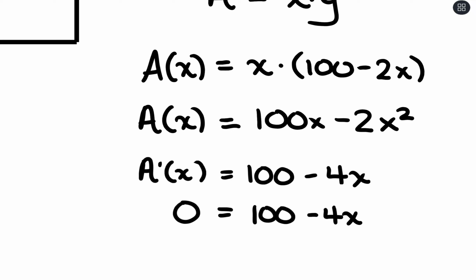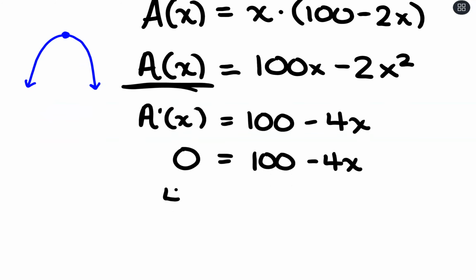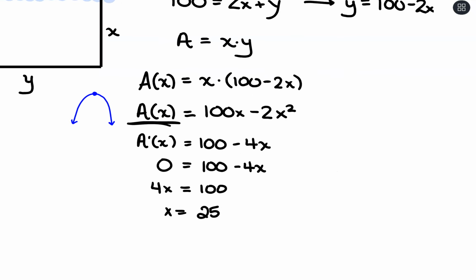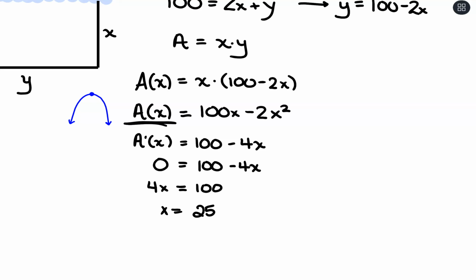And we can kind of see that at the beginning where we just had A of x. This is a parabola that opens downward. So what we're doing is finding the vertex of that parabola, and we're using derivatives in order to do that. So add 4x to both sides, divide by 4, and we have a side length of 25.